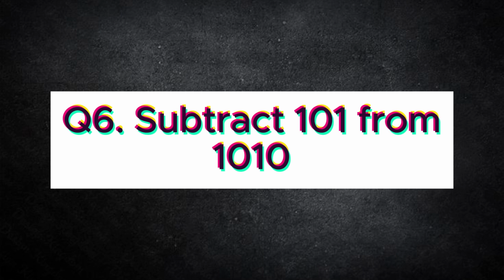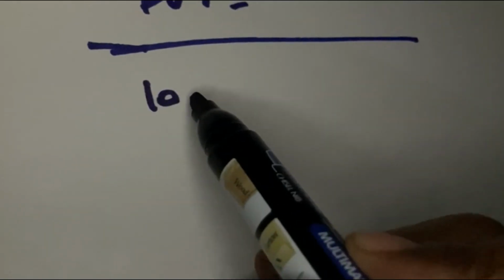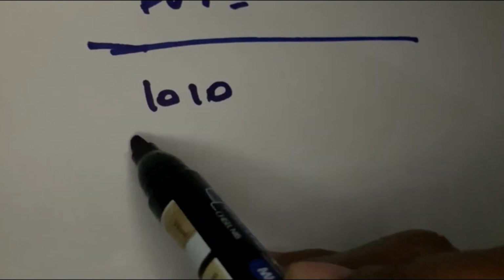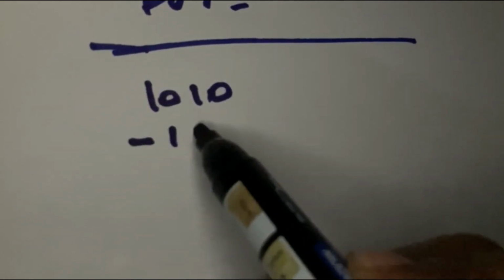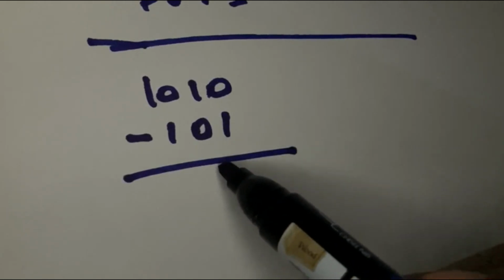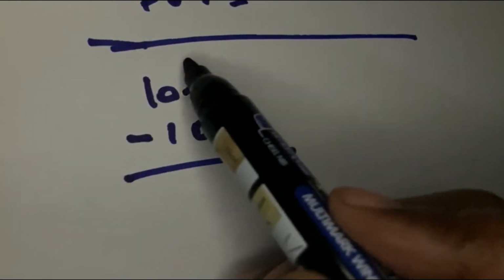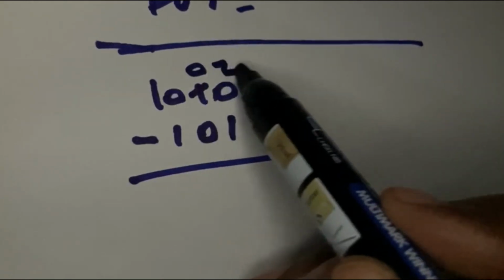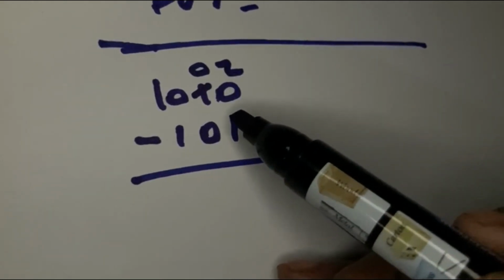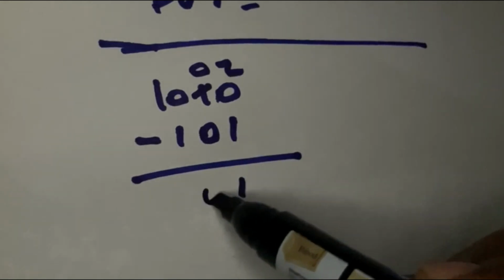Our next example will be subtracting 1 0 1 0 minus 1 0 1. So 0 minus 1 you cannot, so let's borrow from the previous one. So this changes into 0 and this changes into 2. 2 minus 1 is 1. 0 minus 0 is 0.